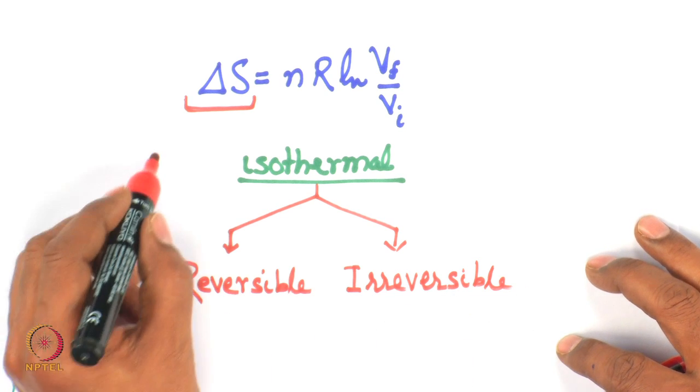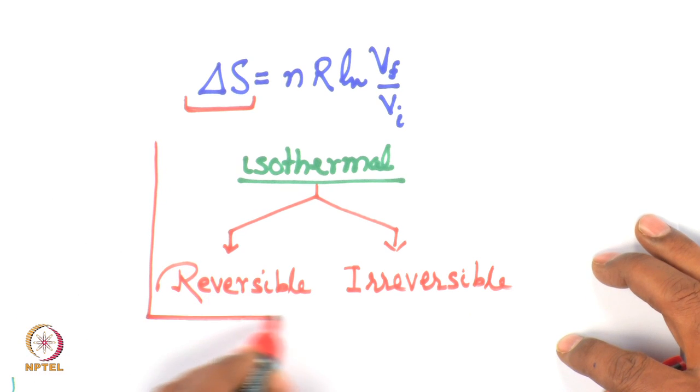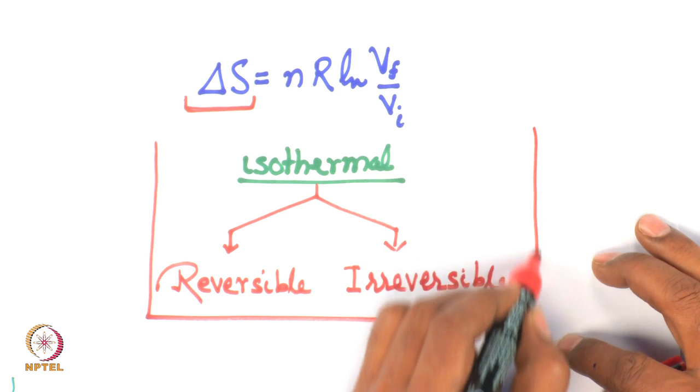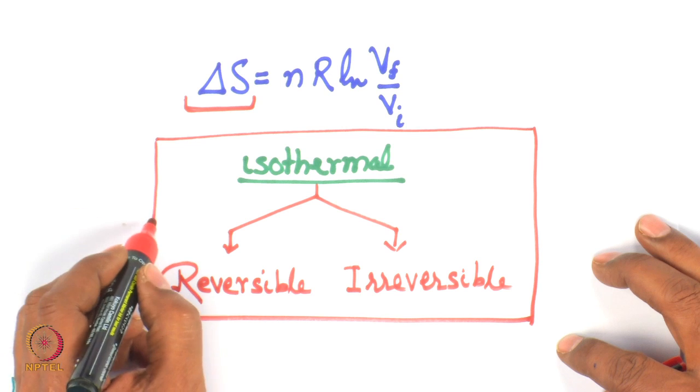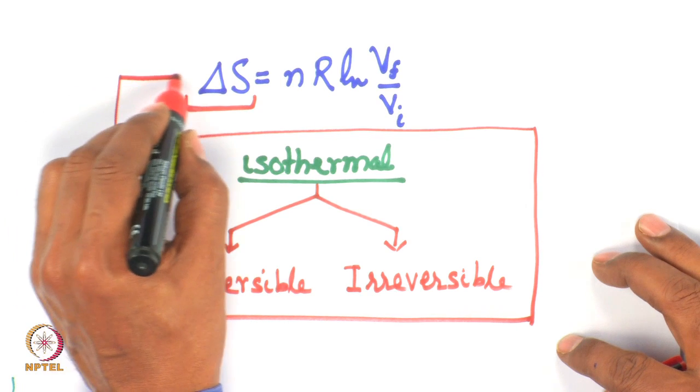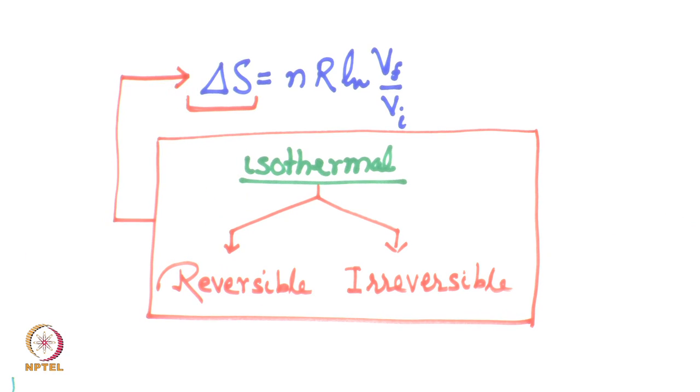So, as long as the process is isothermal, it does not matter whether it is reversible or irreversible, we are going to use the same equation to calculate the entropy change when the gas expands from an initial volume of V initial to a final volume of V final.